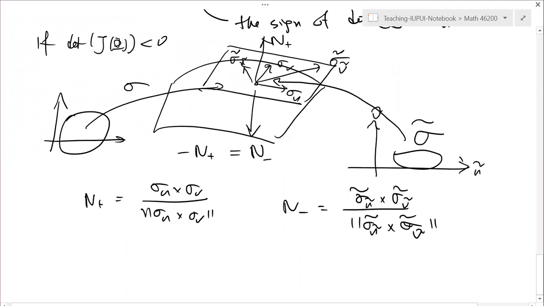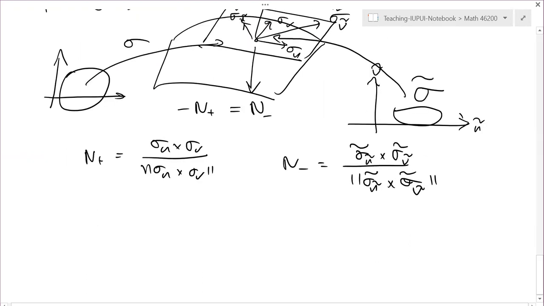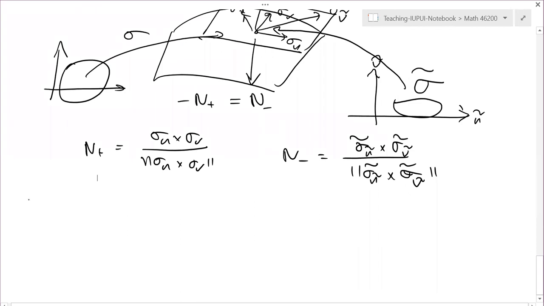Now, if you choose different regular surface patches, you possibly end up with two opposite normal vectors. Okay. Now it's very natural to define the following. So here's a definition. A manifold is called orientable if the manifold has an orientation.